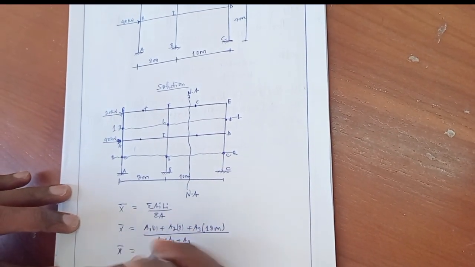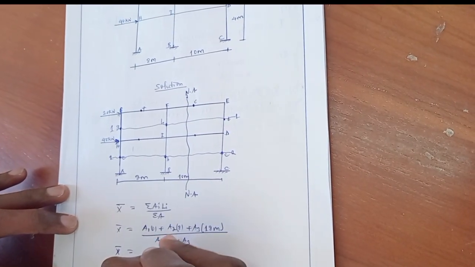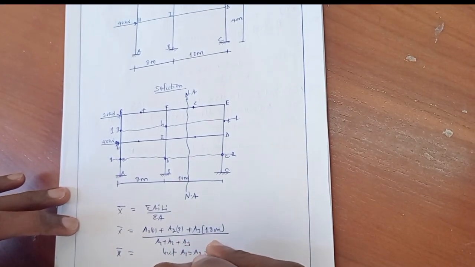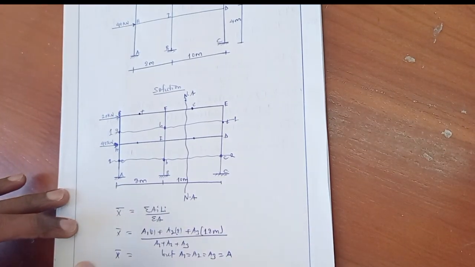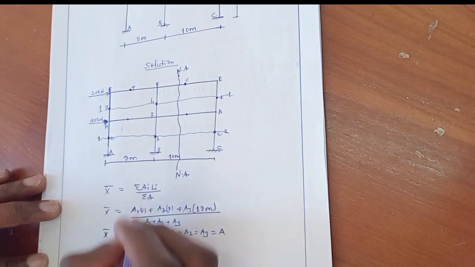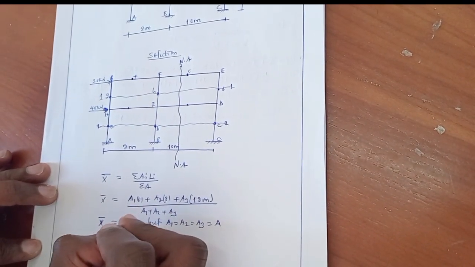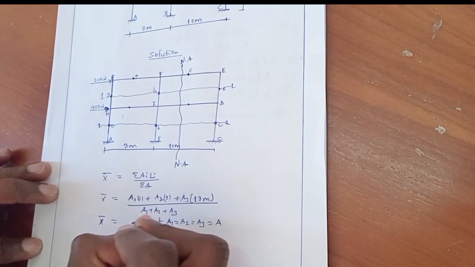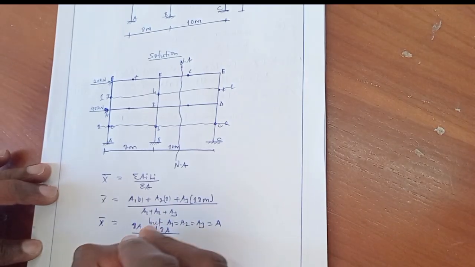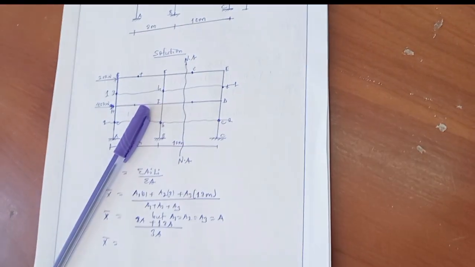Therefore, the centroid will be: area 1 is equal to area 2 is equal to area 3, which is equal to area. The area of the frame system remains constant. Therefore, our equation of centroid will be 8a plus 18a over 3a.